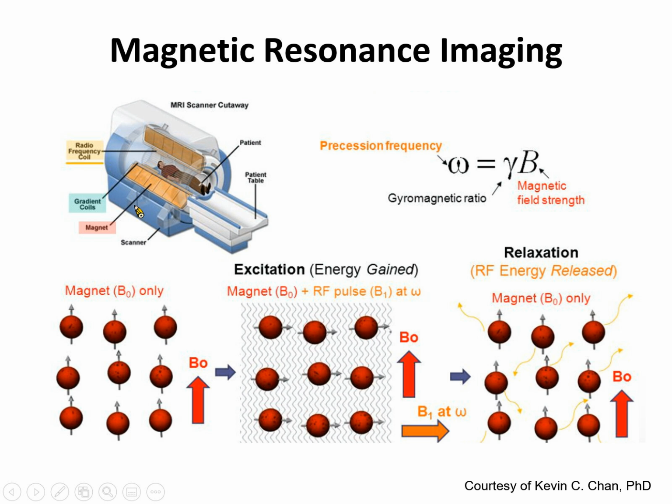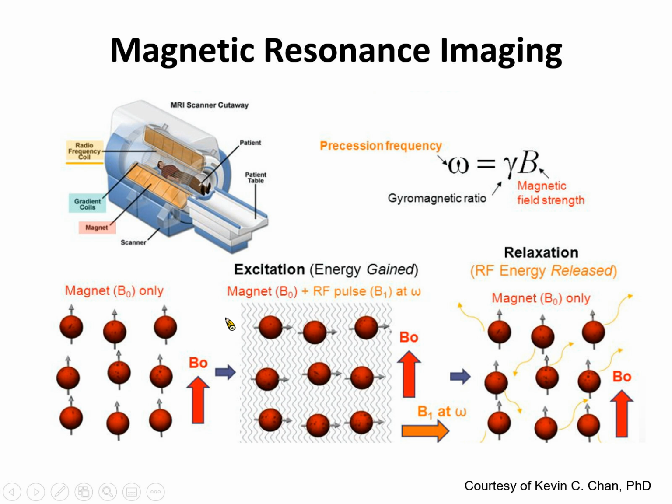When there's no magnet, they just point everywhere. But when a magnet surrounds our body, it causes a strong magnetic field that can align every atom or particle into the same direction. That's what we call the B0.